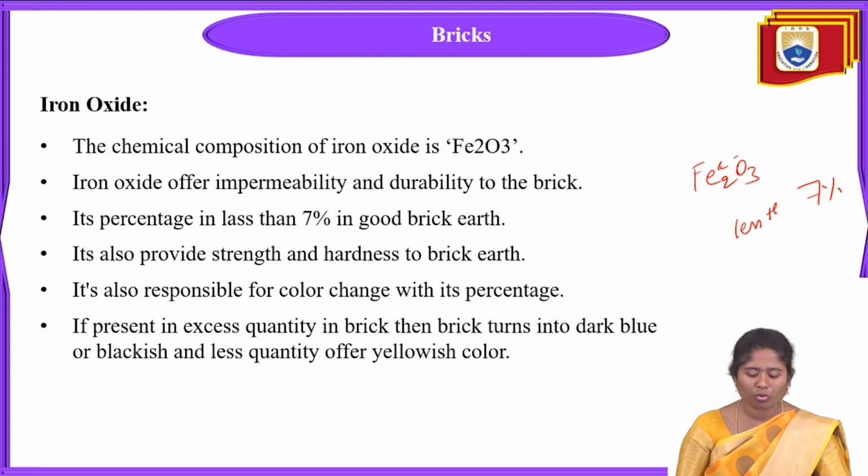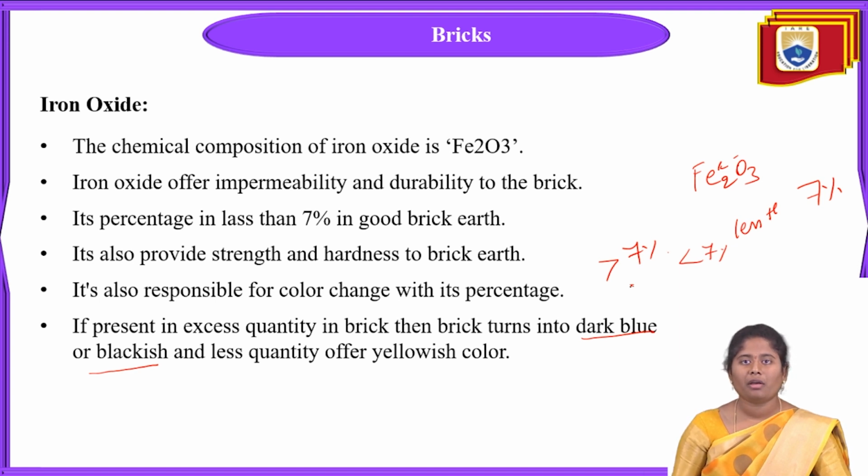If you add an excess amount of iron oxide to the brick, the red color will turn into dark blue or blackish color. That is, greater than 7%, the red color will change to dark blue or blackish color. If we add less than 7%, the color will change from red to yellow.